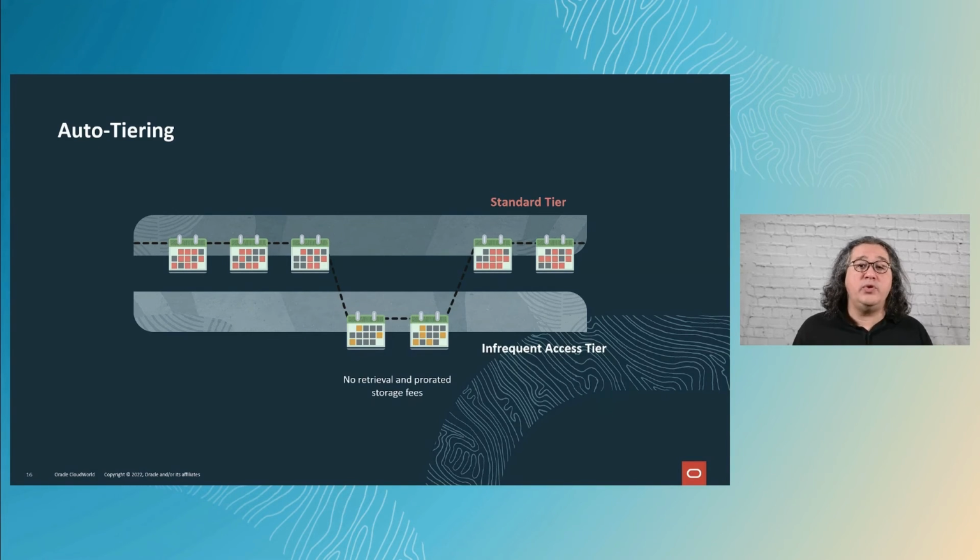This feature will change the tier from standard to infrequent access if the objects have not been accessed in the last 30 days. If the object is requested, it will be changed back to the standard tier, and there's no penalty if it's before the 31 days retention. It's a smart way to optimize your costs.